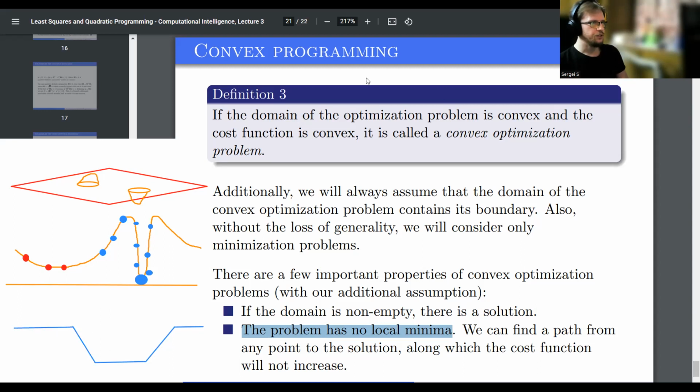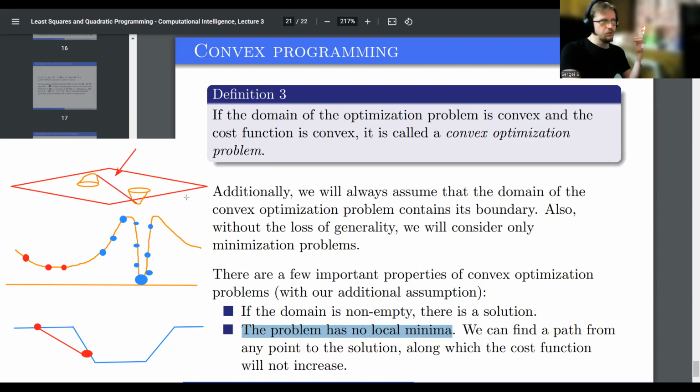Why? Well, because here are two points. We connect them. The function sticks out. So not a convex function. For the same reason, this is not a convex function. Why? Well, take a point here, connect it to the point here.